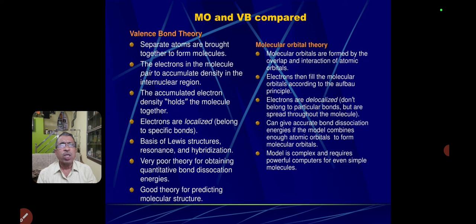The electrons in the molecule are paired to accumulate density in the internuclear region. The accumulated electron density holds the molecules together. Electrons are localized between two specific bonds.